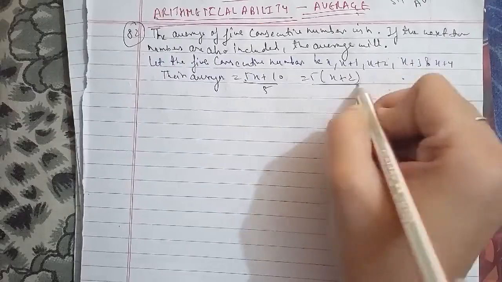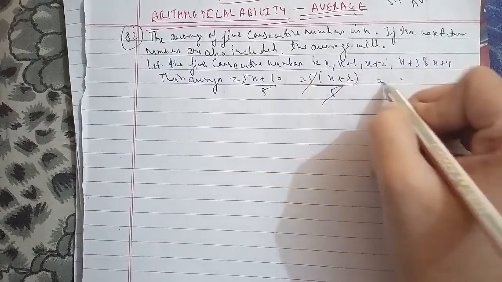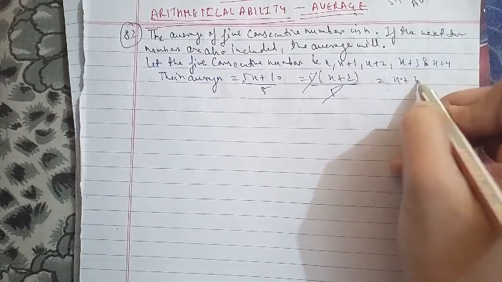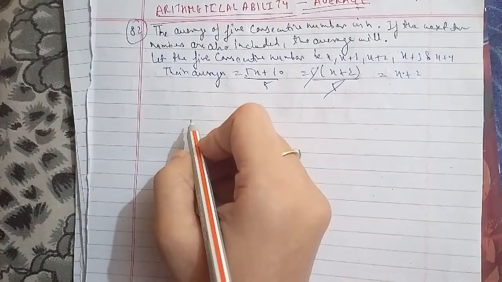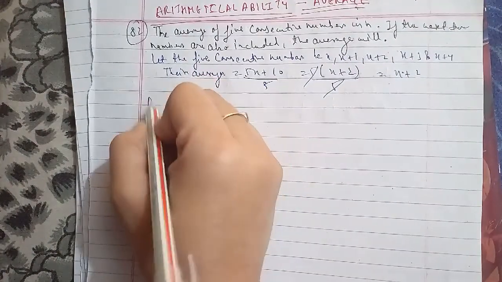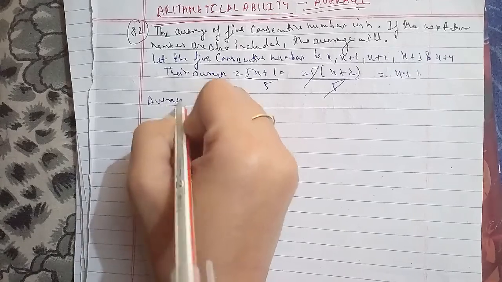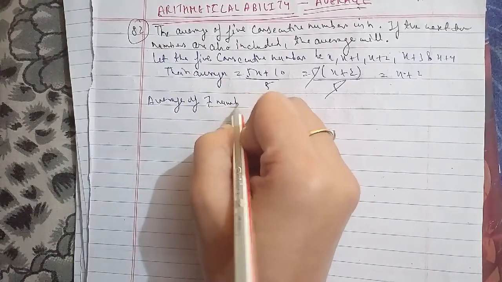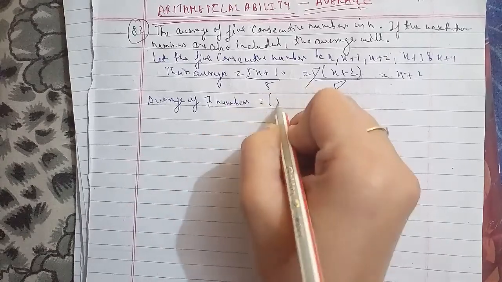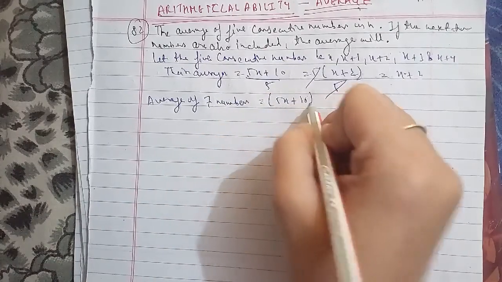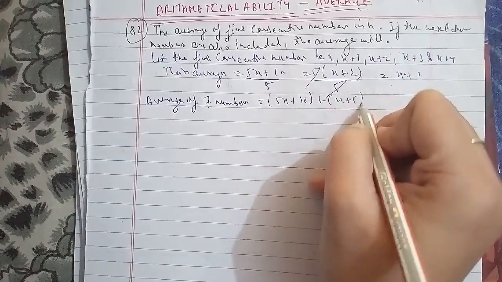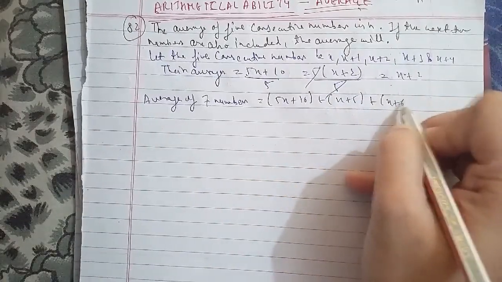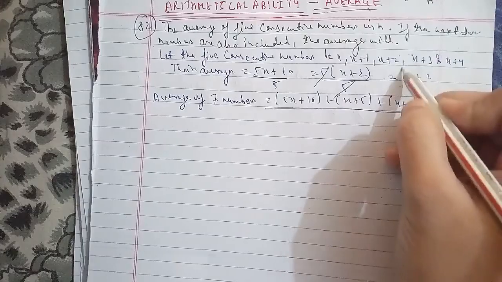So the average of 7 numbers equals 5x plus 10 plus x plus 5 plus x plus 6 whole upon 7, which equals 7x plus 21 upon 7.